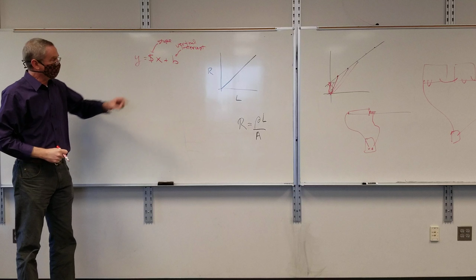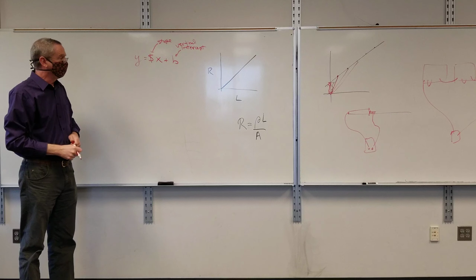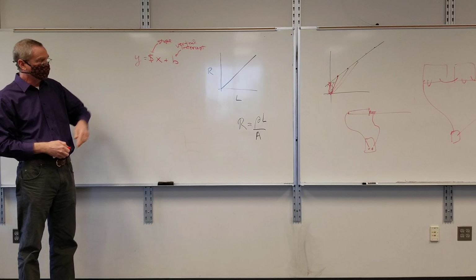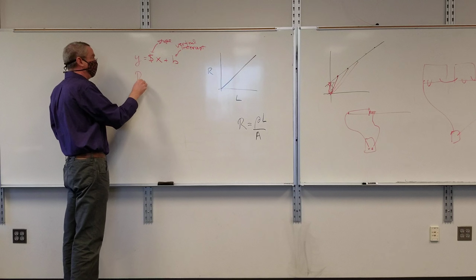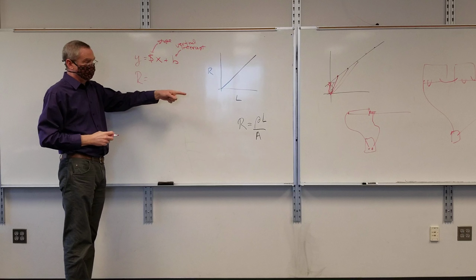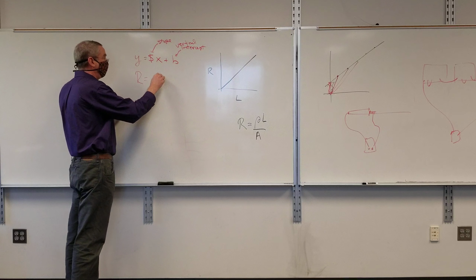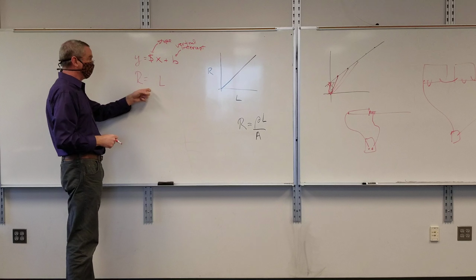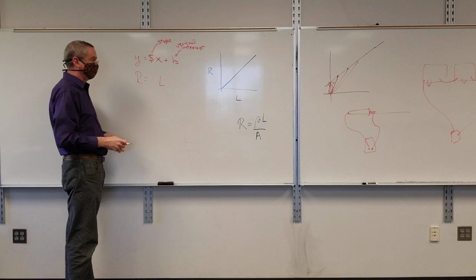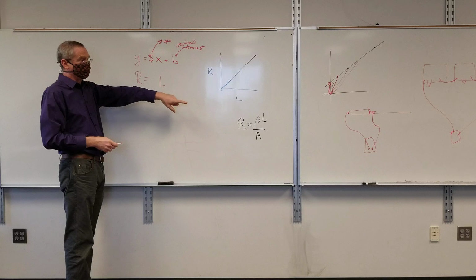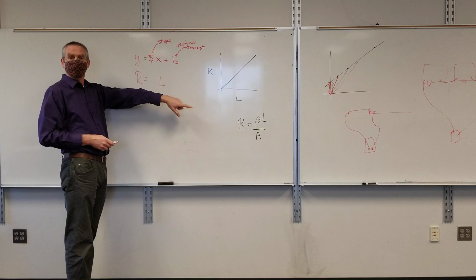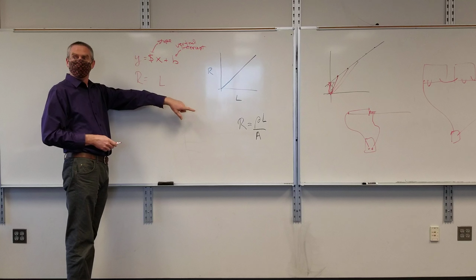So I need to somehow get that into this form. Well, my y is R. My x is L. That's what I need to do, so it's R is equal to something times L. Well, what am I multiplying times L? The rest of it. The other two.